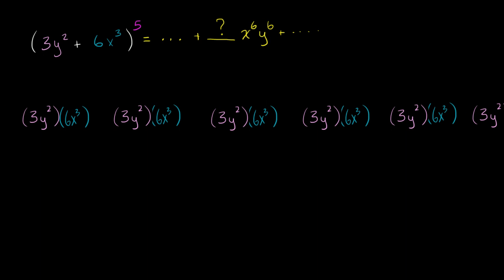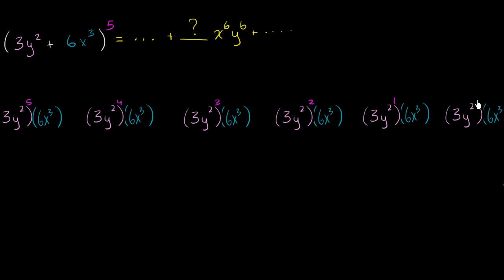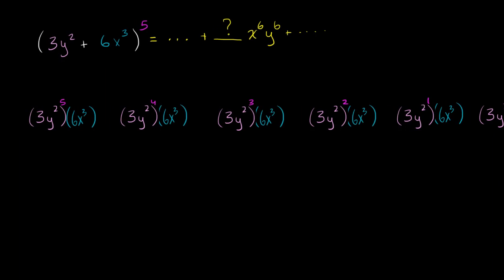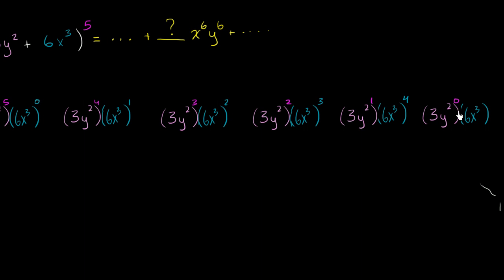And then let's put the exponents. So this exponent is going to be the fifth power, fourth power, third power, second power, first power, and 0th power. And for the blue expression, for 6x to the third, this is going to be the 0th power, first power, second power, third power, fourth power, and then the fifth power right over here.